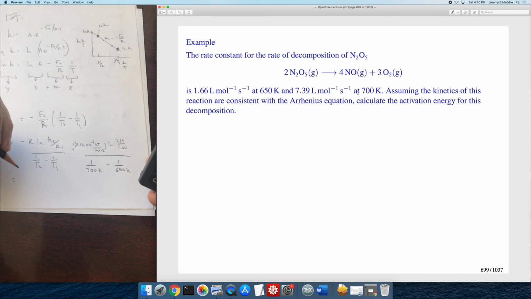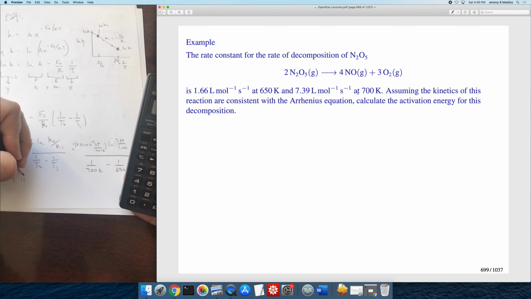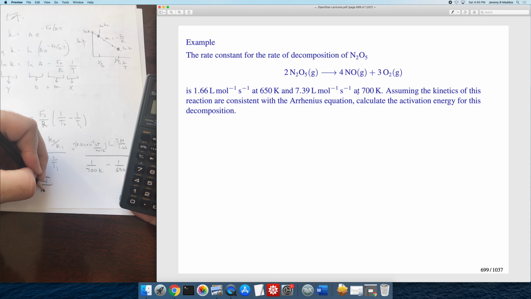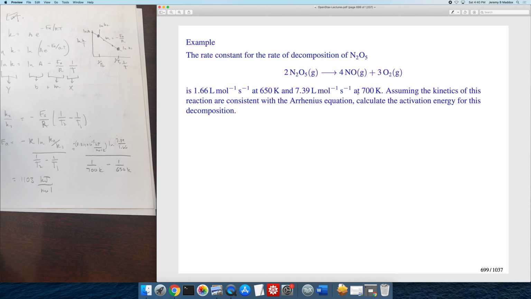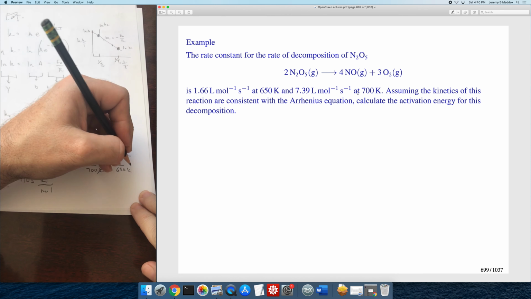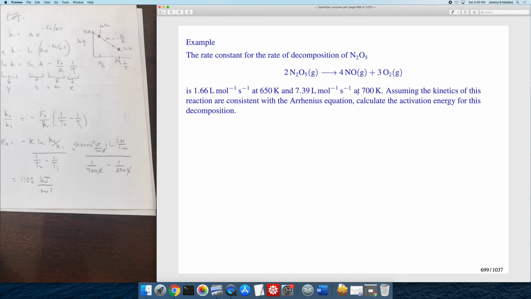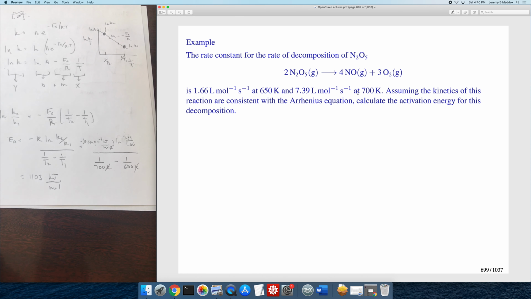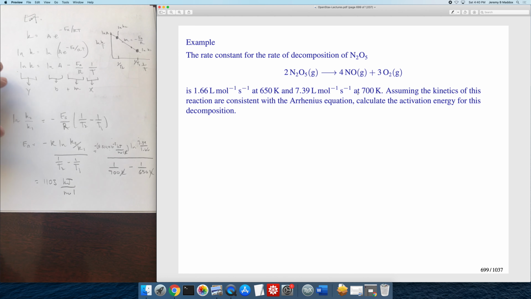The minus signs cancel. We wind up with 110.3. That's going to have units of kilojoules per mole. The 1 over Kelvins cancel that Kelvin. So this is the activation energy for this particular reaction, and we've used the 2-point Arrhenius equation to find it.